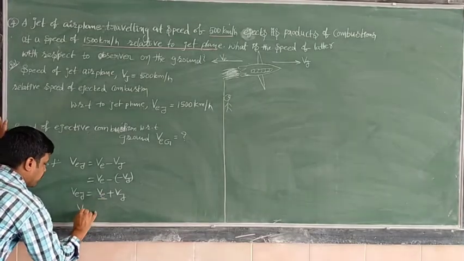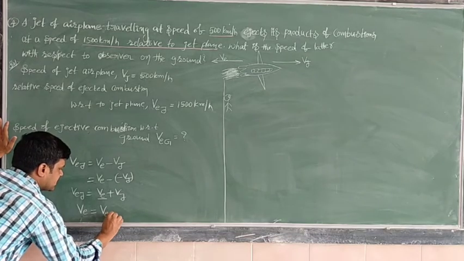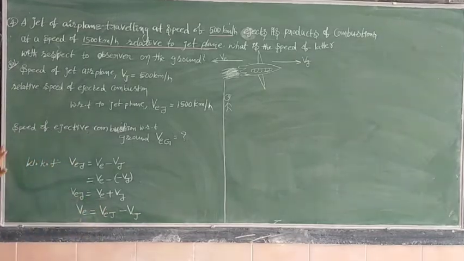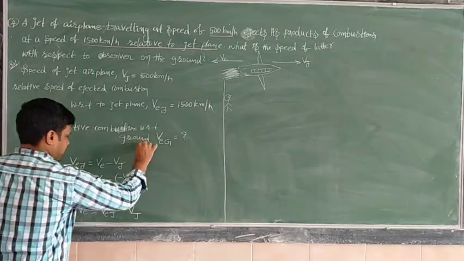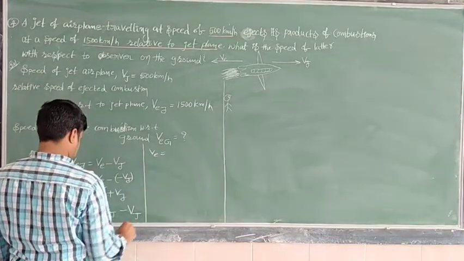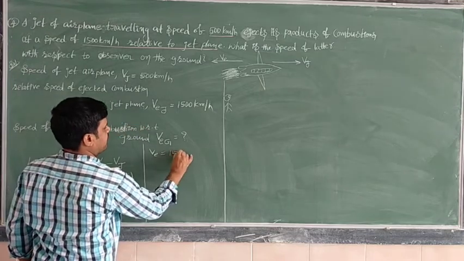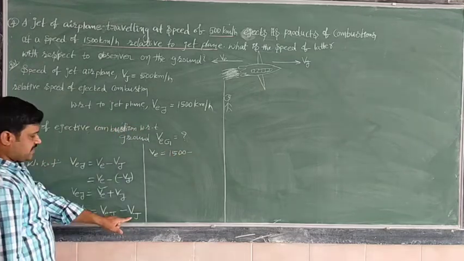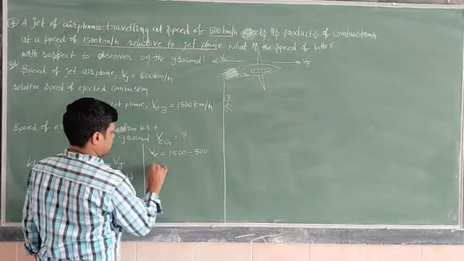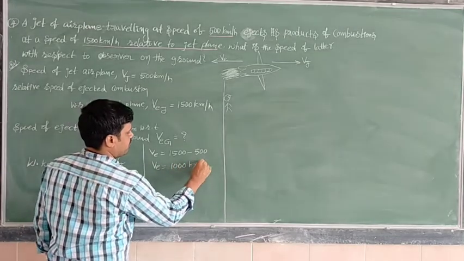I want V_E, so V_E equals V_EJ minus V_J. V_EJ is 1500 minus V_J, the speed of the jet, which is 500. From this, V_E equals 1000 kilometers per hour.